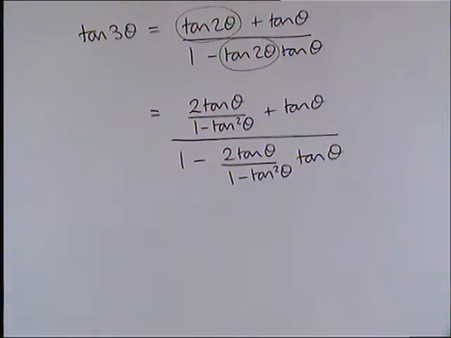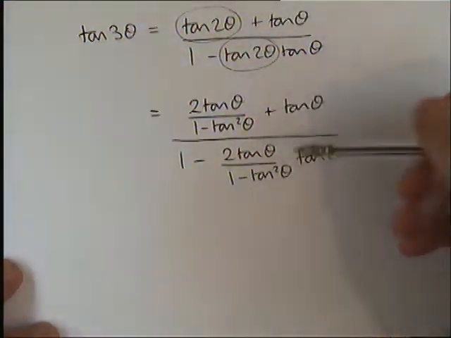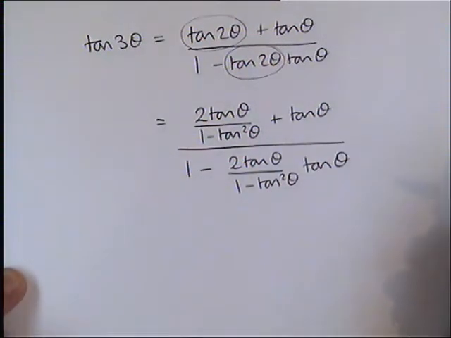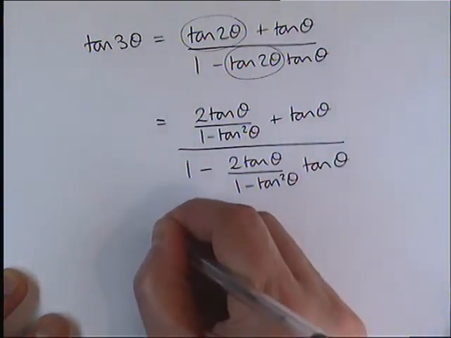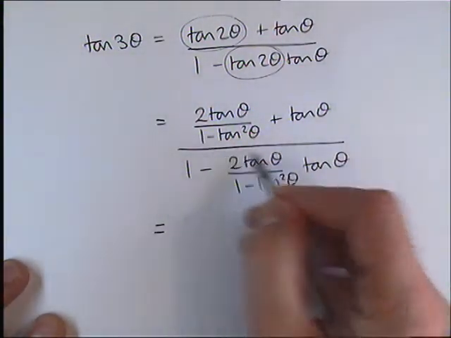So let's see what we can do. I think that we can probably multiply the numerator and the denominator by 1 minus tan squared theta. I suppose an alternative method would be to make a common denominator. Well, it's the same thing. Okay, multiply the numerator and the denominator by 1 minus tan squared theta.